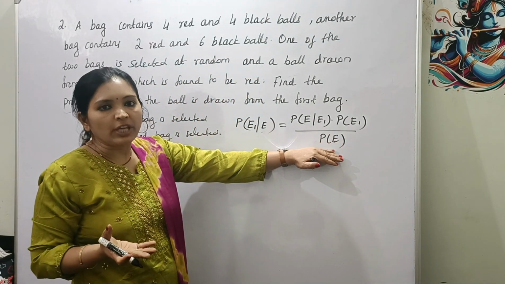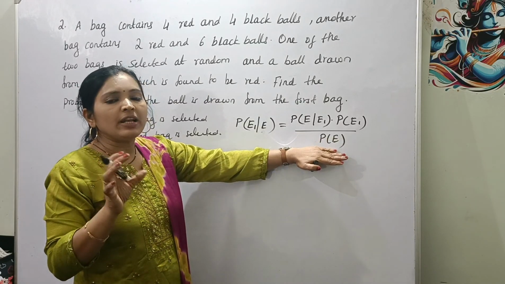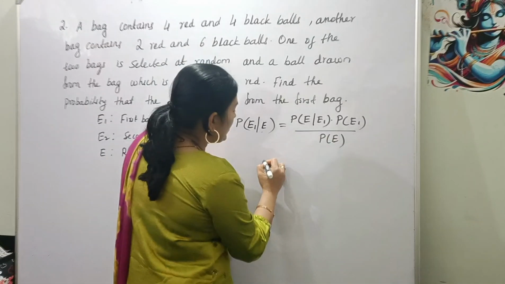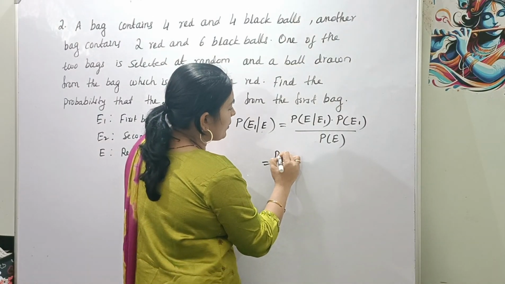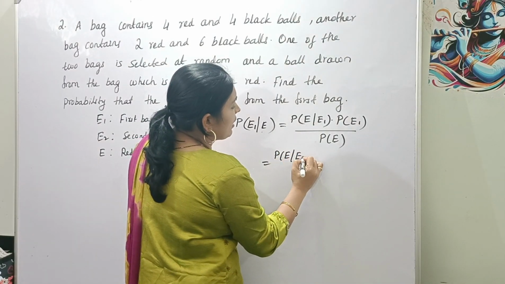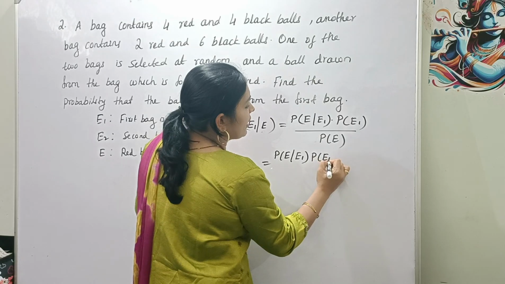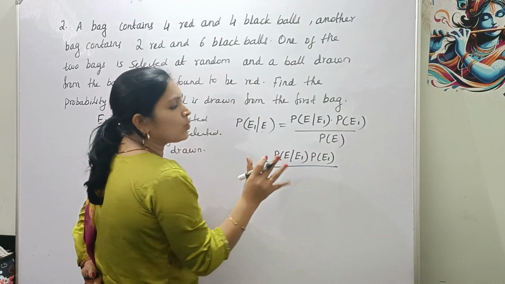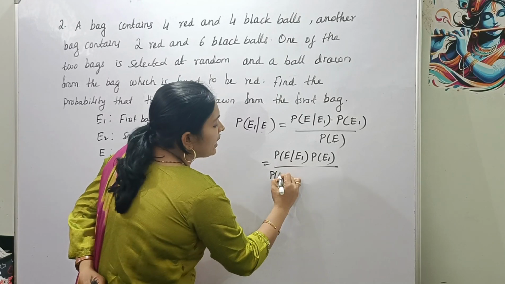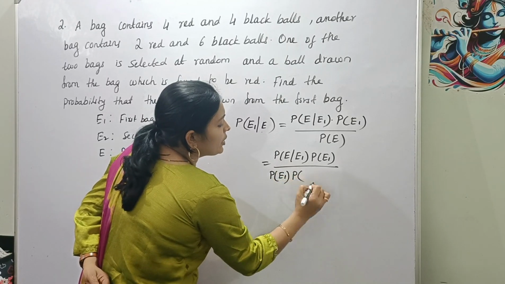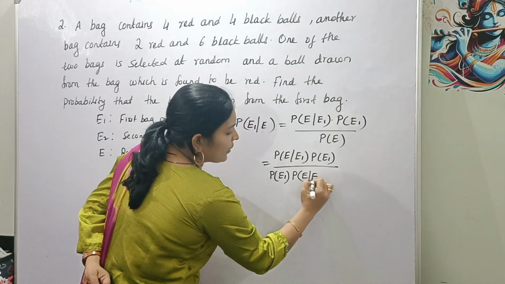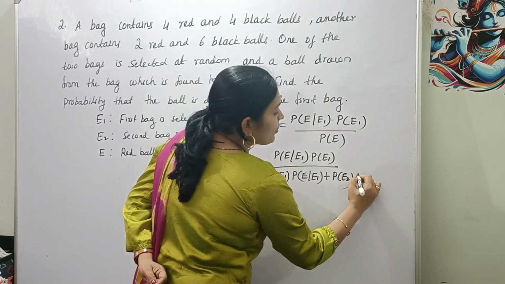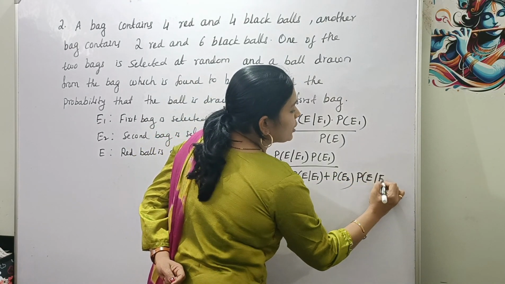What is the probability of E? Here we will write the total probability theorem formula. Probability of E is equal to probability of E1 into probability of E given E1, plus probability of E2 into probability of E given E2.